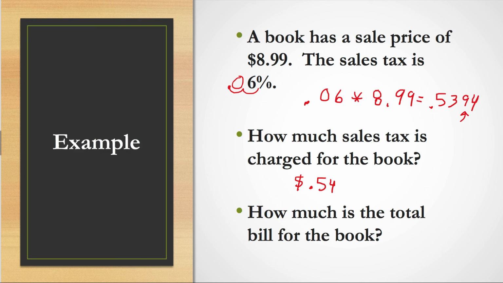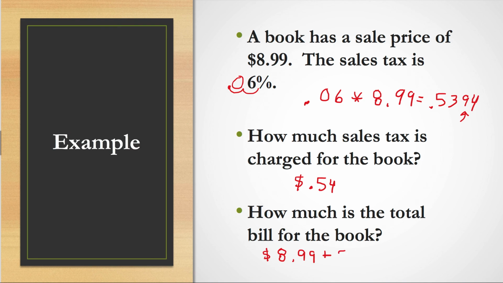Now, remember that we also have to pay for the book. So how much is the total bill for the book? Well, the book costs $8.99, and we're also going to have to pay 54 cents in tax.